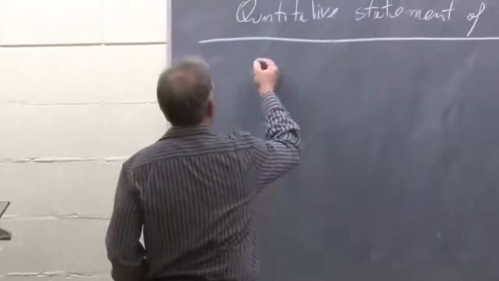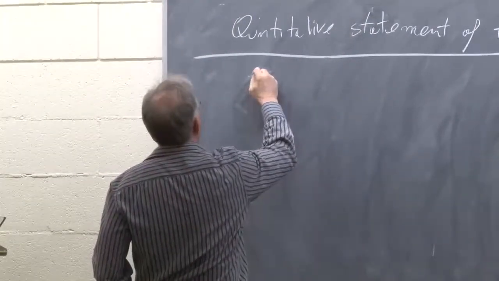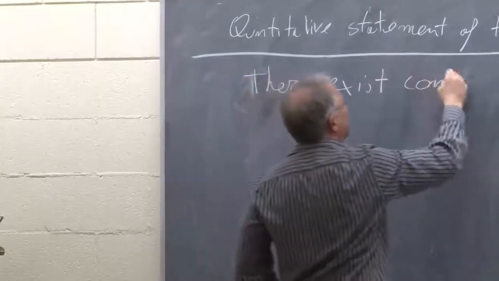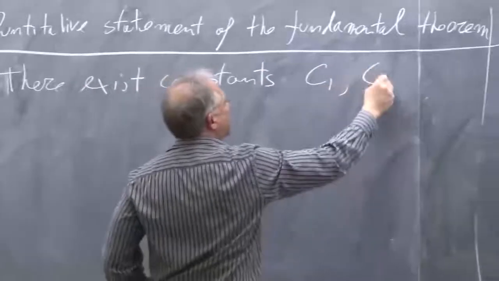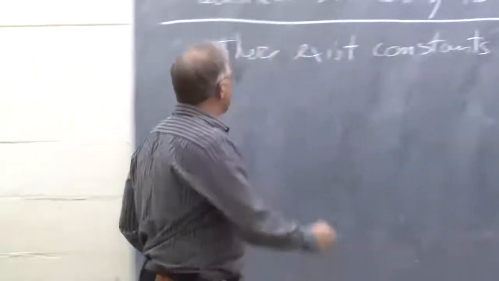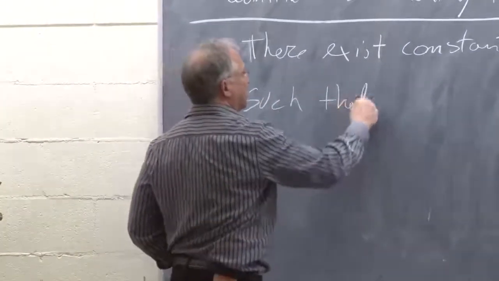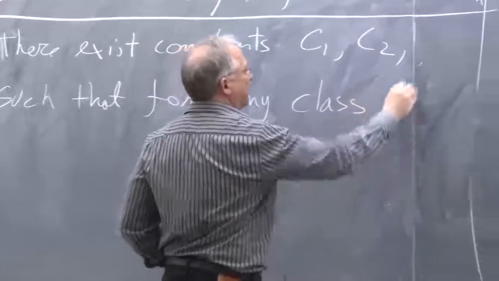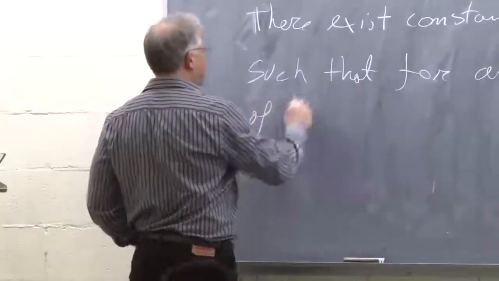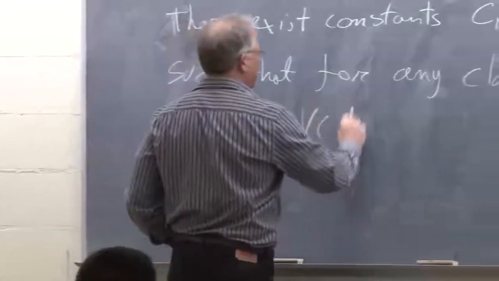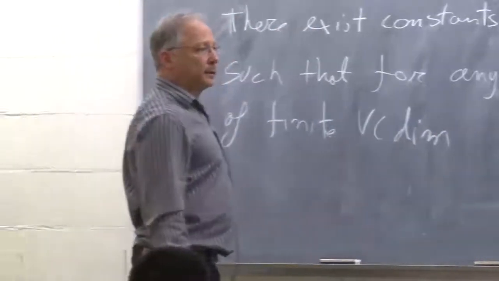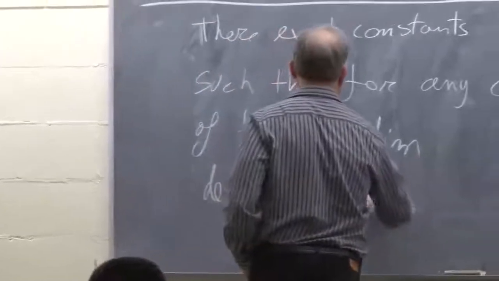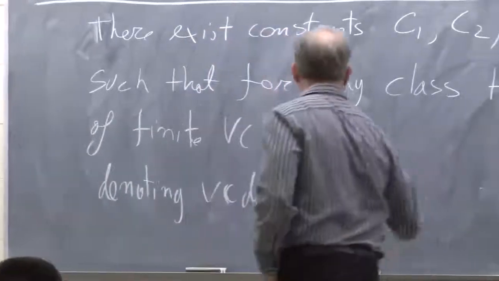So what it says is, let's write it like this: there exist constants C1, C2 such that for any class H of finite VC dimension, denoting the VC dimension of H by D, we get the following inequalities.